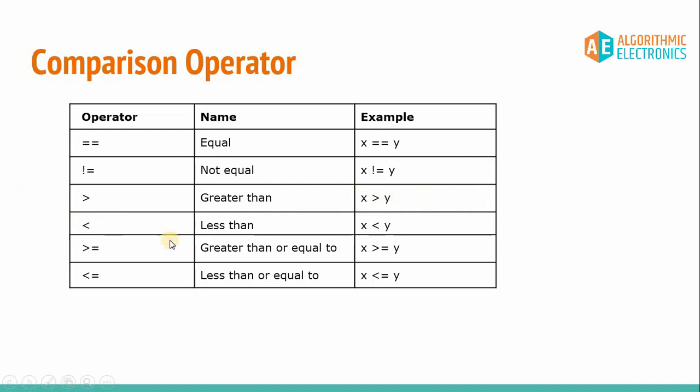This is the less than operator, it is true if x is less than y. This is greater than or equal to, its result is true if x is greater than or equal to y. And this is less than or equal to, its result is true if x is less than or equal to y, otherwise the result is false.